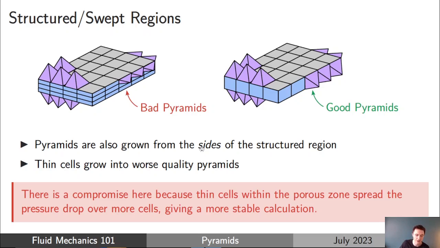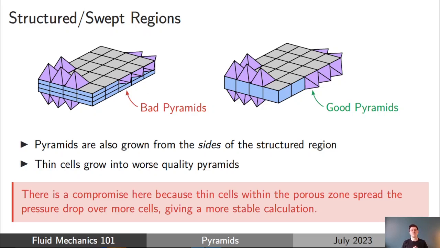And so this has really important implications for our structured or swept region, because in some scenarios, you may want to use many different layers through the thickness of your structured region, which may look something like this. But of course, the cells on the sides, because they also need to be grown into pyramids, if you use a lot of thin layers through a porous zone or a structured region, they're also going to result in bad quality pyramids.